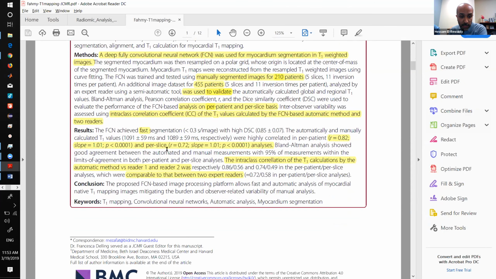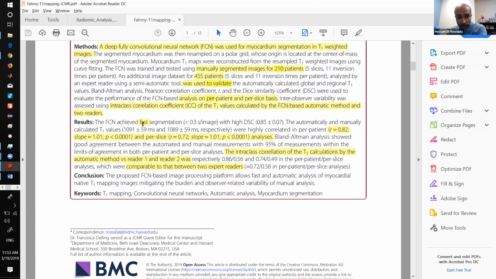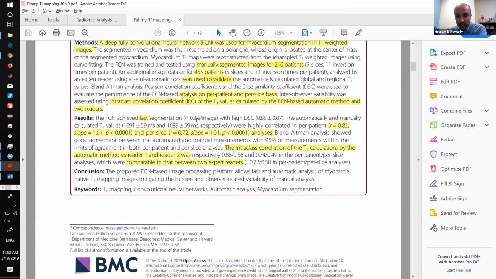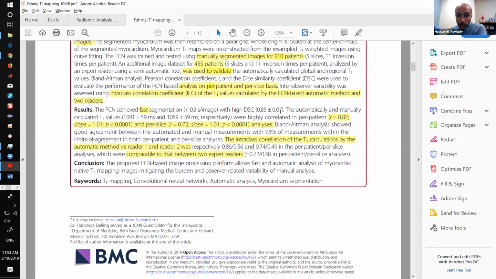So, the summary of the results. The first interesting finding was the very fast segmentation and computation of the T1 mapping. It took only 0.3 seconds to segment one image. And we have a reliable, accurate segmentation of the myocardium.